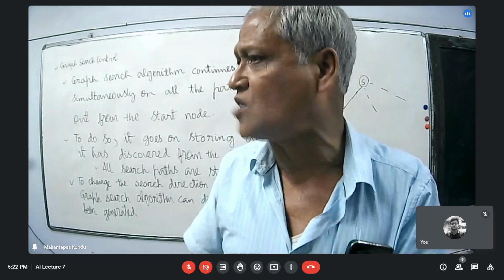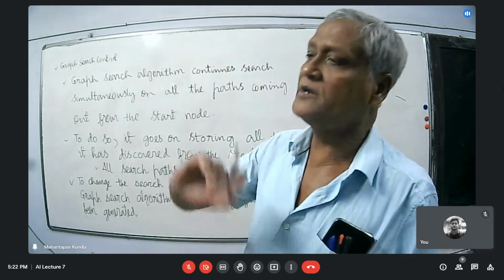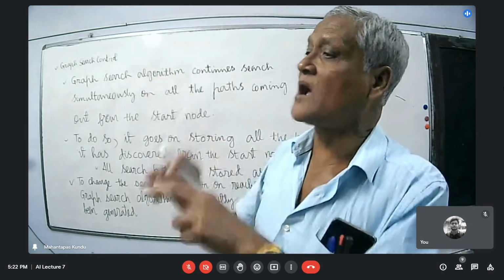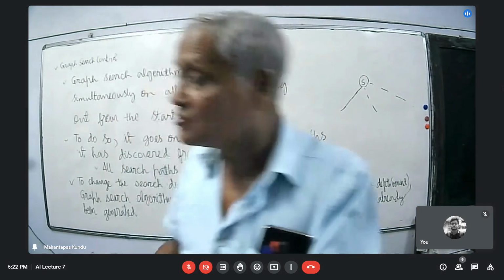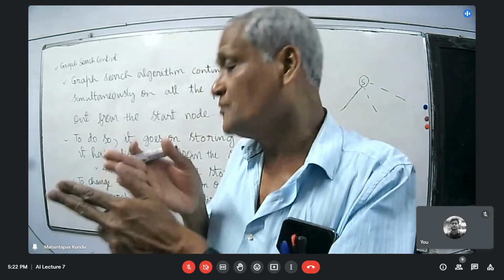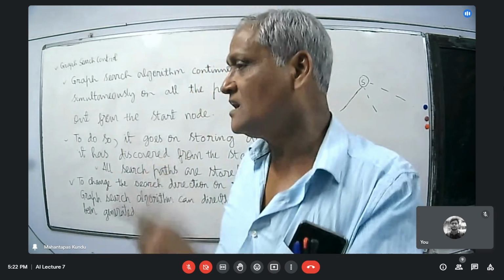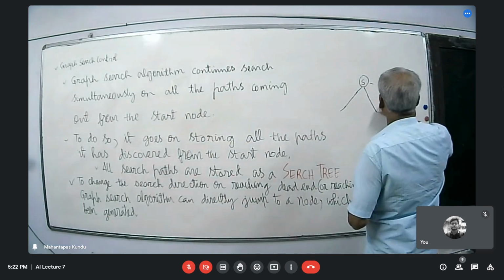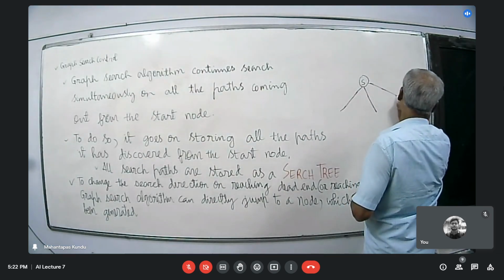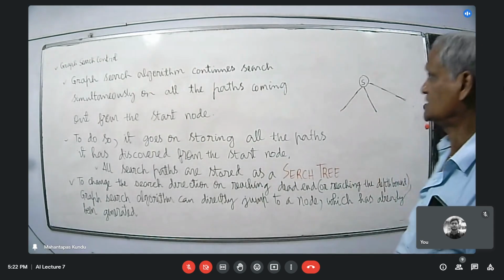It simply stops, and backtracking algorithm backtracks over some node on this currently explored path to continue search in other direction. But here, all these paths coming out from the start node are explored simultaneously.